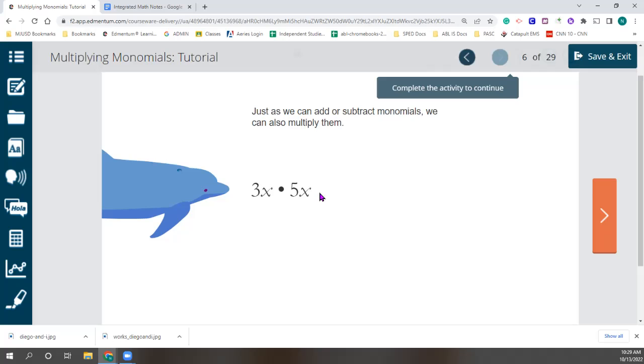Multiplication answers a question, like the sum. How much, when you add this to this, do you get? Subtraction. What is the difference between this number and this number?